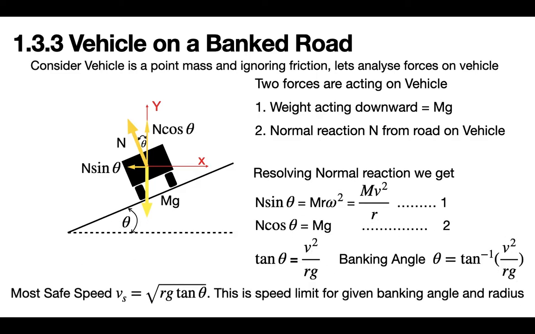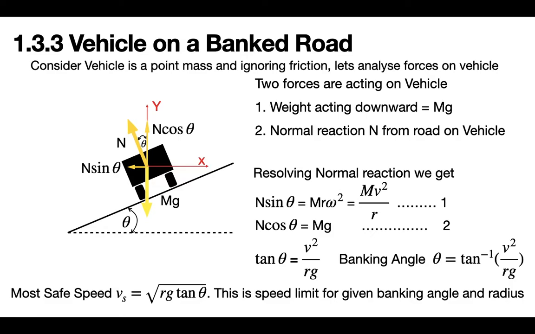So we can determine the safe speed Vs is equal to square root of Rg tan theta. So the maximum speed depends on the radius and the banking angle.